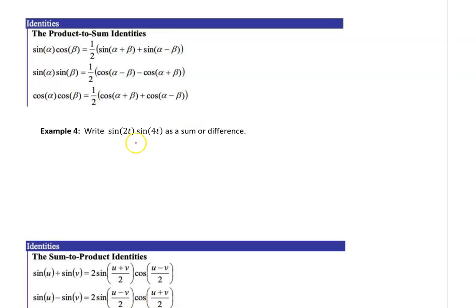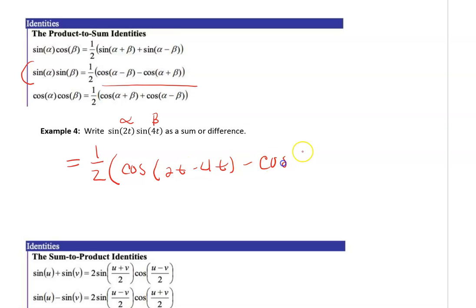So if I have sine times sine, I'm going to be using this one right here. So this is my alpha and this is my beta. So that would be equal to 1/2, I'm just using this formula over here, cosine of 2t minus 4t minus cosine of 2t plus 4t. Clean that up.